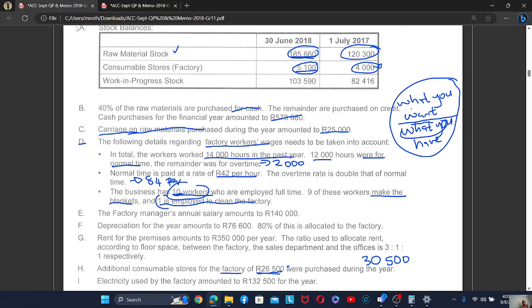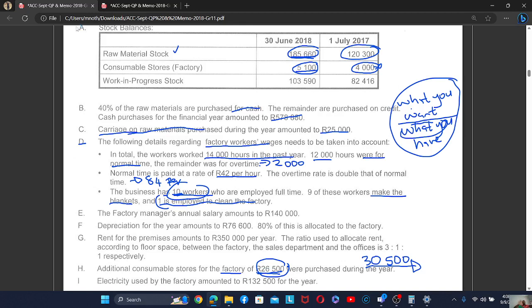So after buying these 26,500, the consumable stores that we have now are 30,500, right? So now in the factory we have an indirect material.